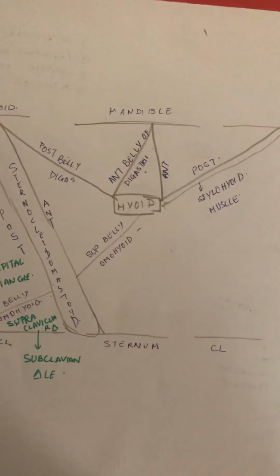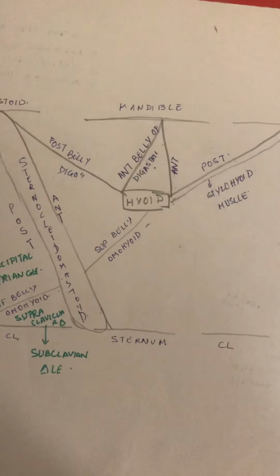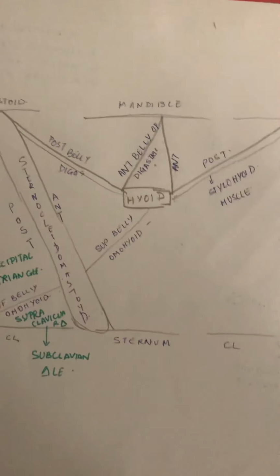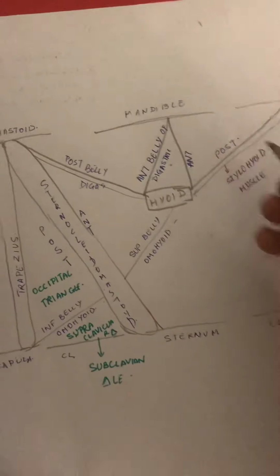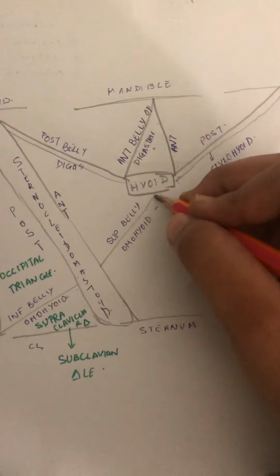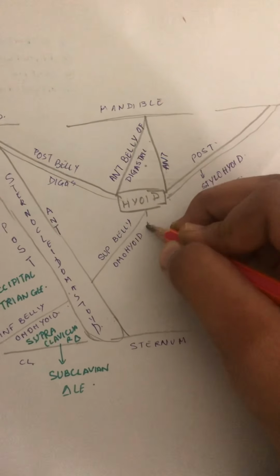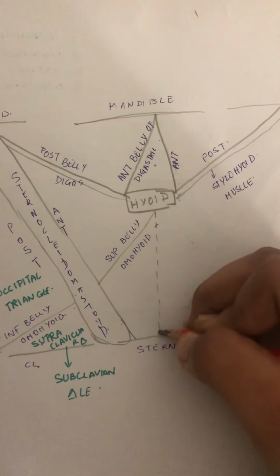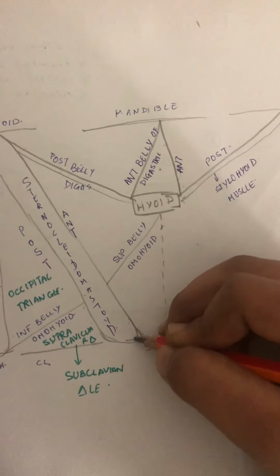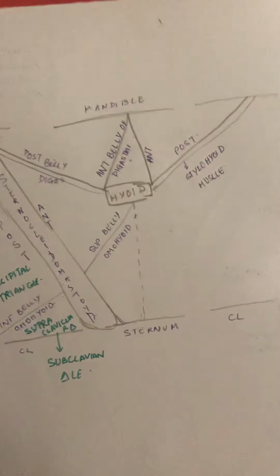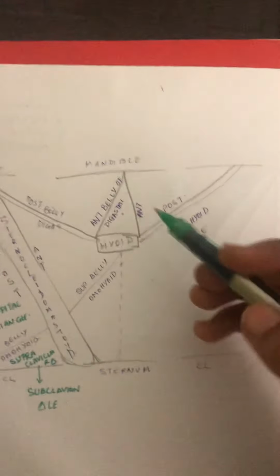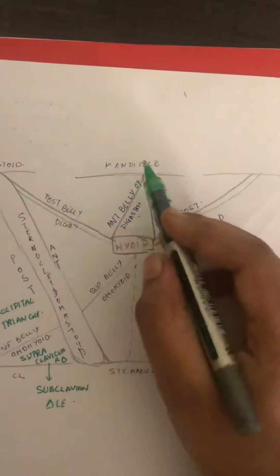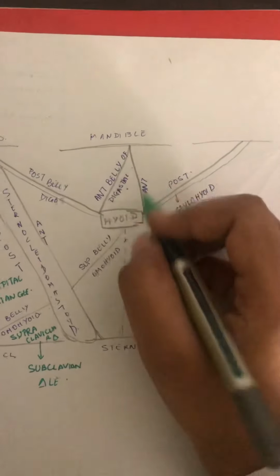Here also, stylohyoid muscle. And then draw an imaginary line from hyoid bone to the sternum. Okay. So now this is the anterior triangle of the neck.